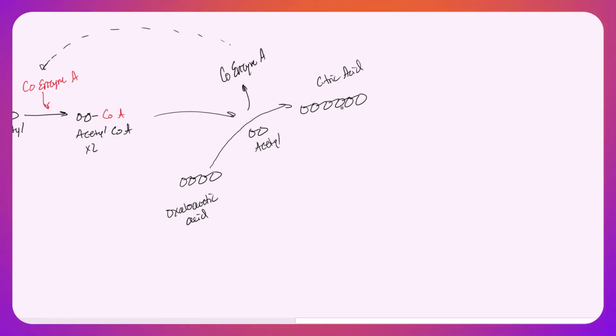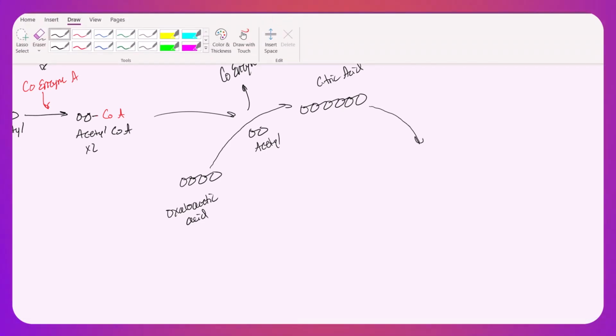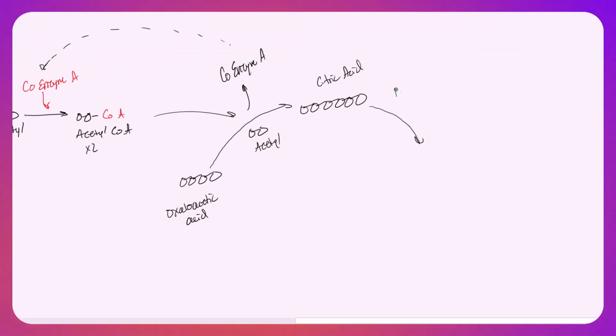And once the citric acid is produced, it's going to be oxidatively decarboxylized, which means we're going to bring in our oxidizer. NAD+ is going to be producing NADH. NADH is going to be off to the ETC, just like all the other ones. It's going to grab a pair of electrons and a hydrogen ion, again, just like the other one. It's going to decarboxylize or kick off a CO2.